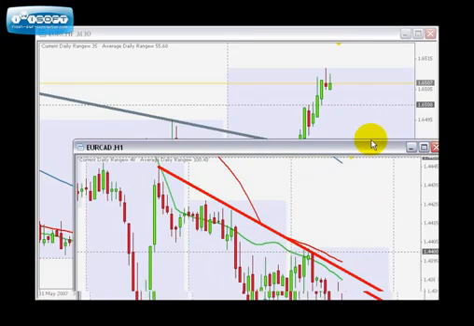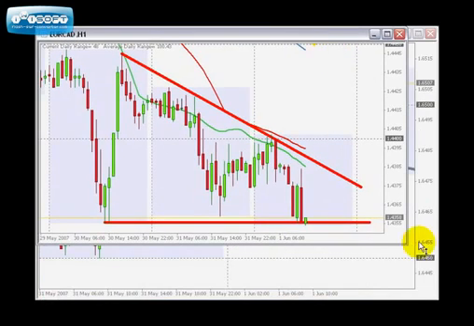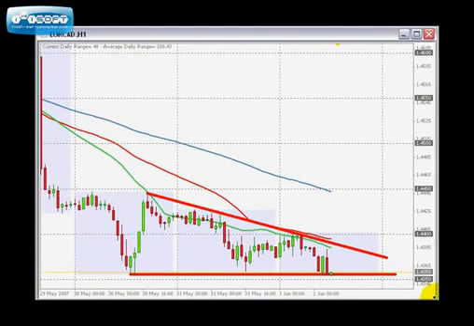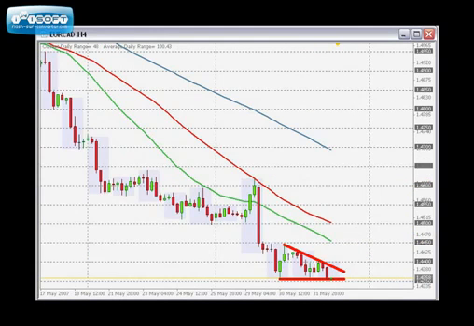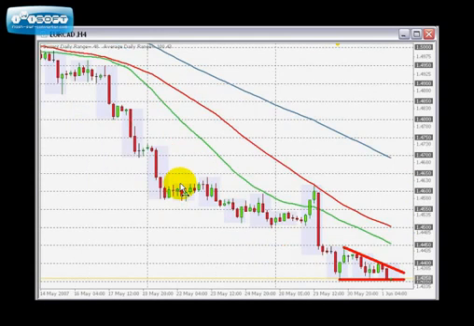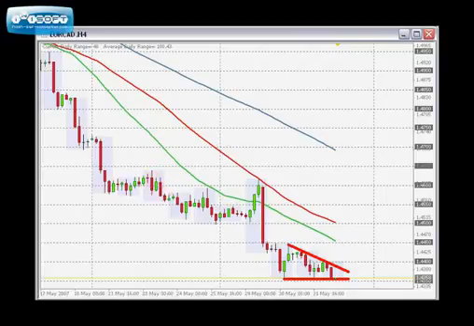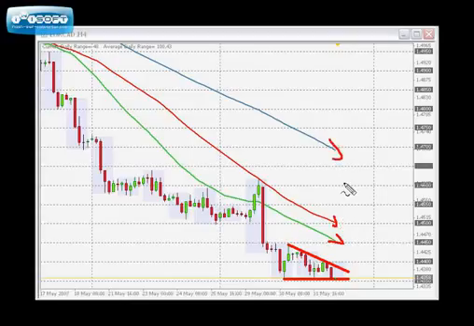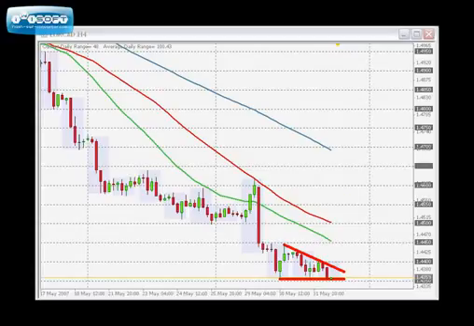Let's go now into the Euro Canadian dollar. This is the second trade, the second chart I'm following today. In the 4 hours chart, we see a nice downtrend with the moving averages again all placed the way I like them to be placed, as I explained in the course that I'm preparing.